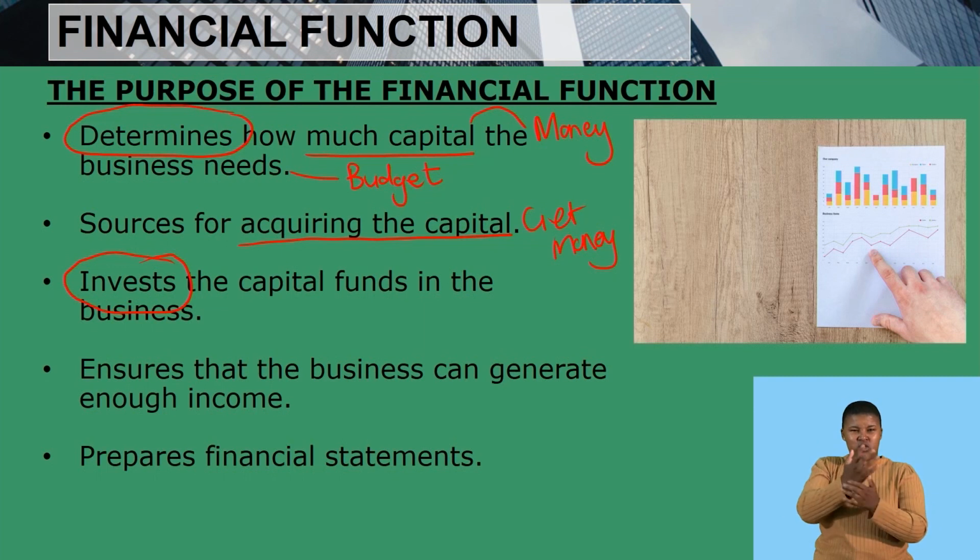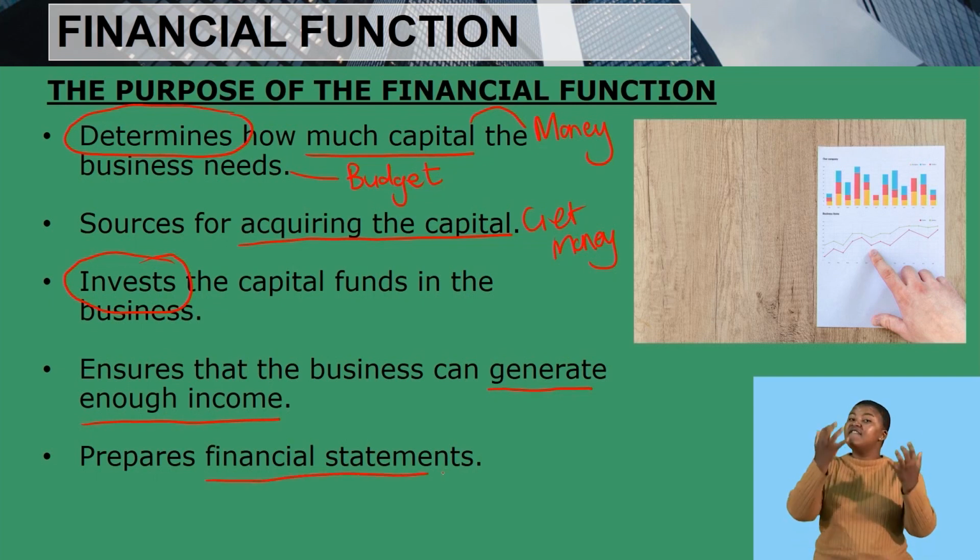So they will develop a plan for the business so that they can generate enough income for the business to make a profit. The last purpose we will look at is the financial statements. So it is the responsibility of the financial function to set up financial statements that show the management if we are making a profit or a loss.